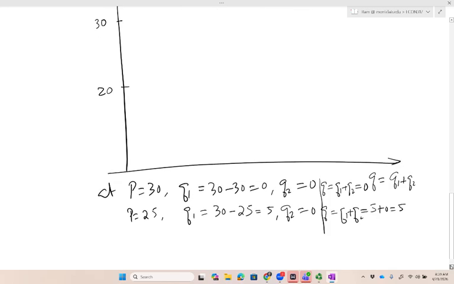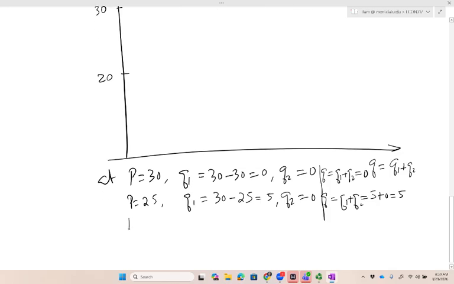Maybe I will now go to price equal to $20, which gives me Q1 equal to 30 minus 20, 10 units, and Q2 equal to 20 minus 20, 0. So the market demand, the sum of quantity demanded by these two buyers, is 10 plus 0, 10.